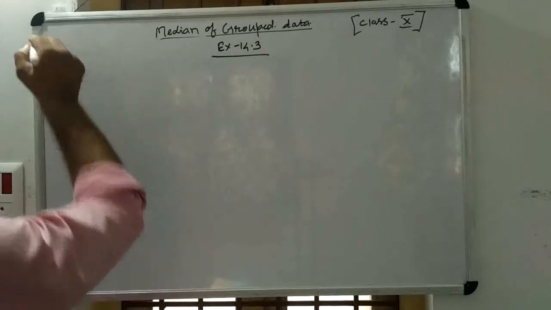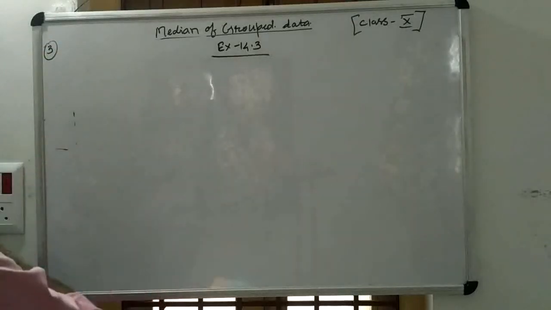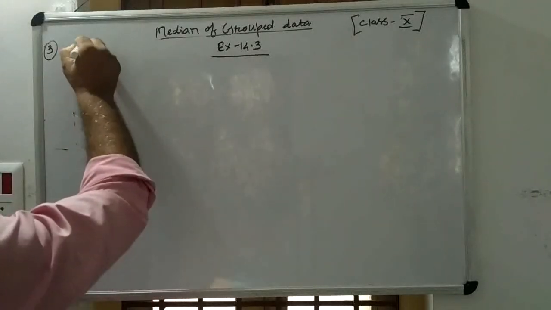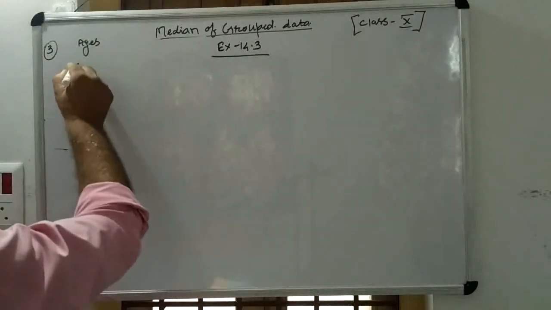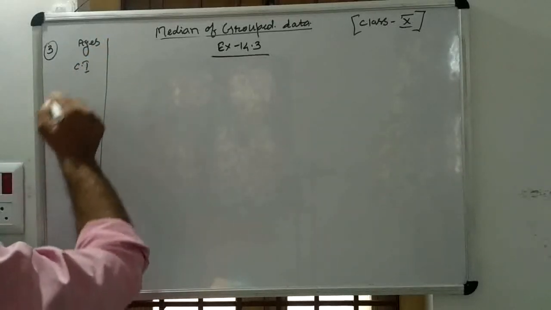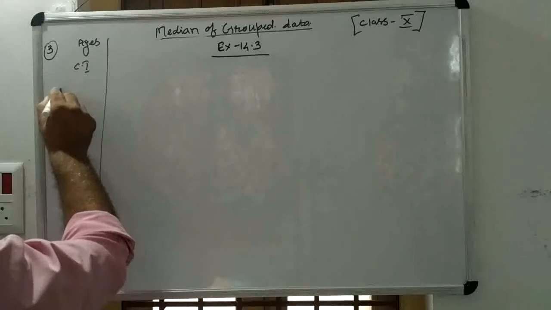This is your question number 3. Since there is a difference of 5, we can write the age class intervals: below 20 you can write as 15 to 20.